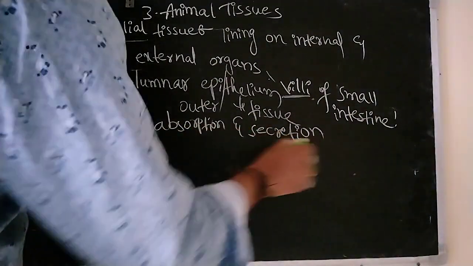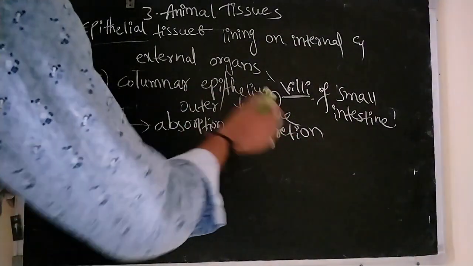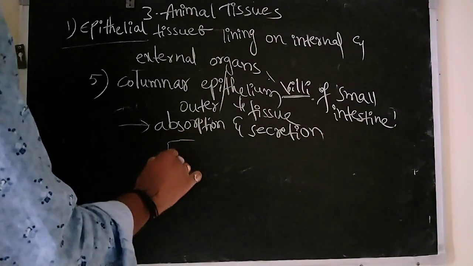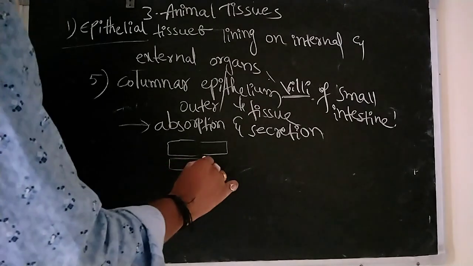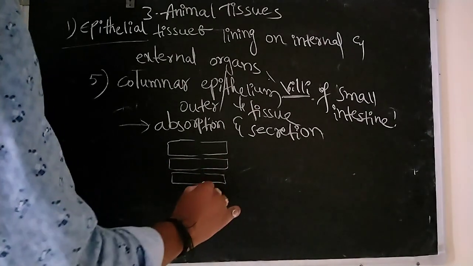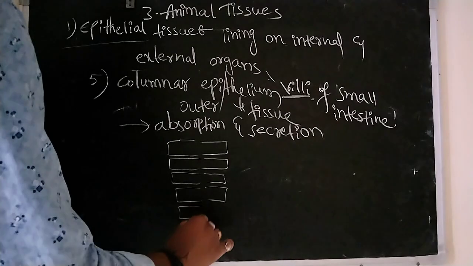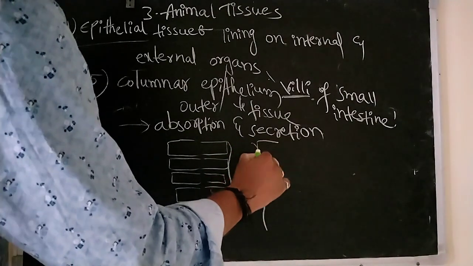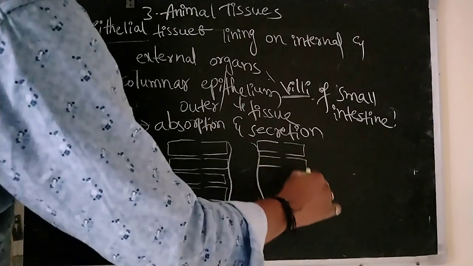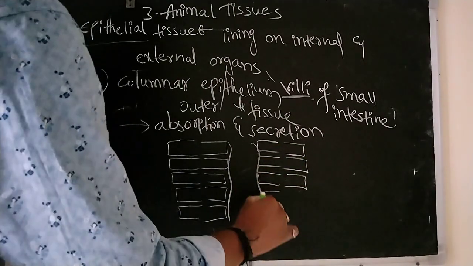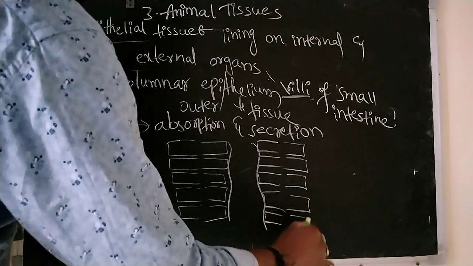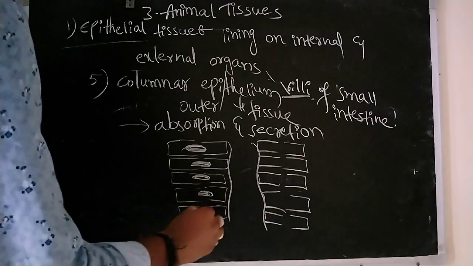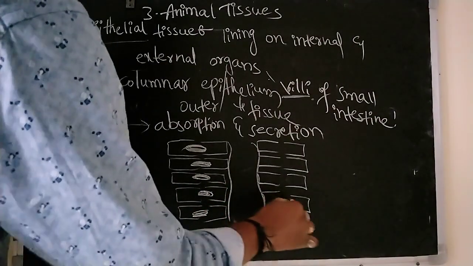So where absorption and secretion occur, columnar epithelial tissue is present, and the arrangement of its cells is like this.